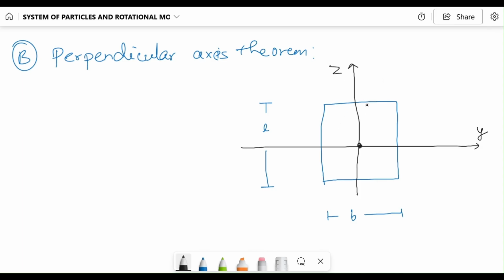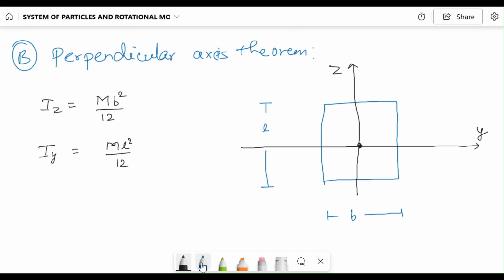Now we know the moment of inertia about the z axis will be the mass of this lamina times b square divided by 12. This length is b, earlier we were taking L, and Iy will be m L square by 12.